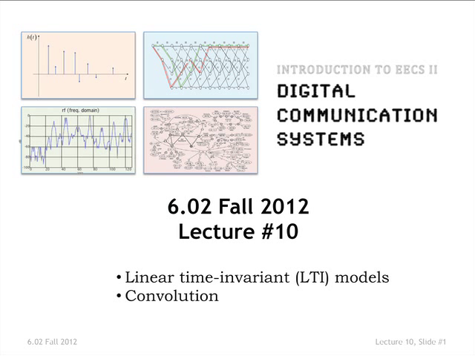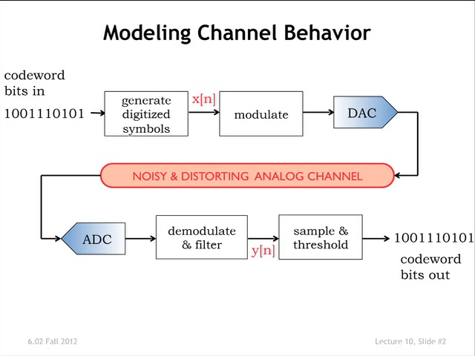So I'm going to be talking about a powerful class of models for communication channels. We've already seen the kind of setup that we're talking about. And so what we're looking to do is model the channel between xn and yn out there, what we refer to as the baseband channel.